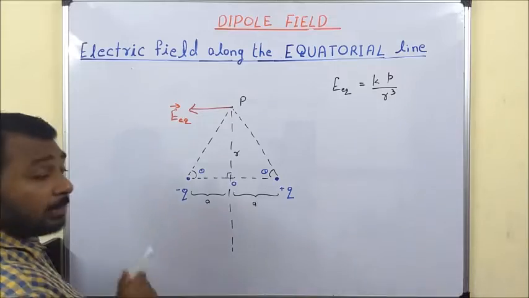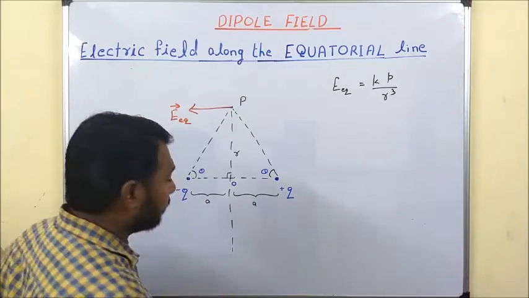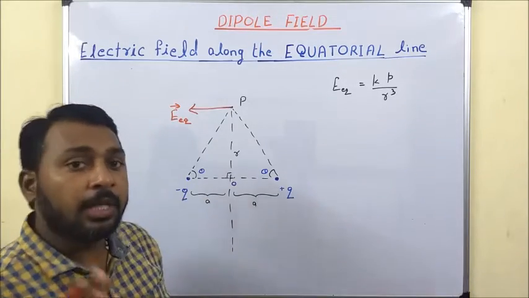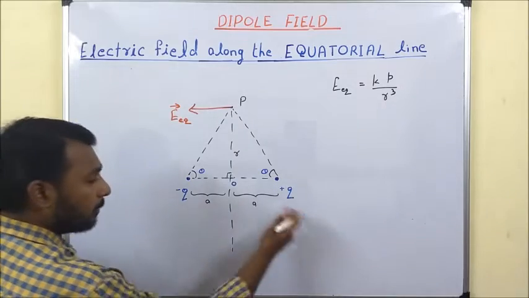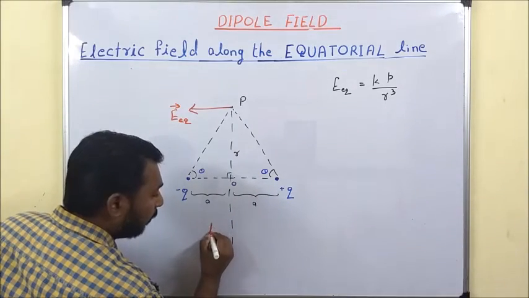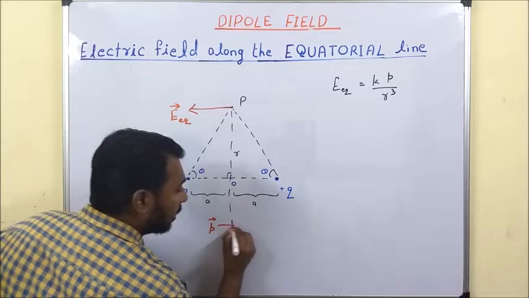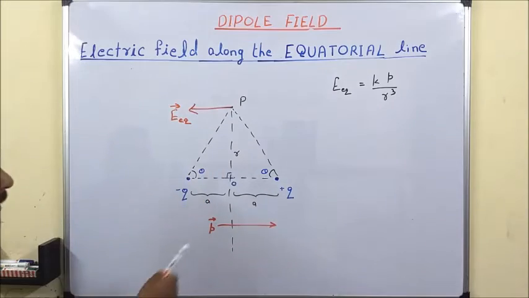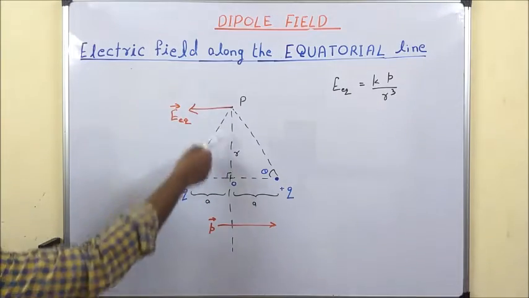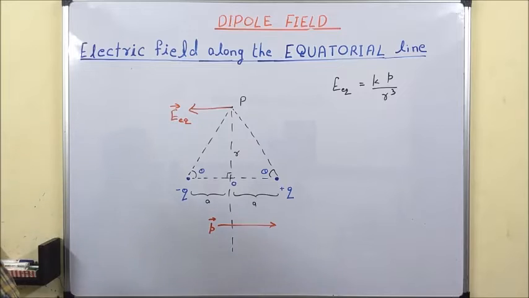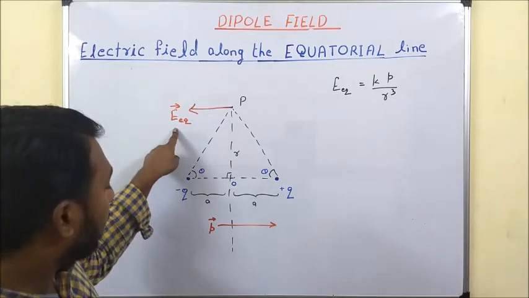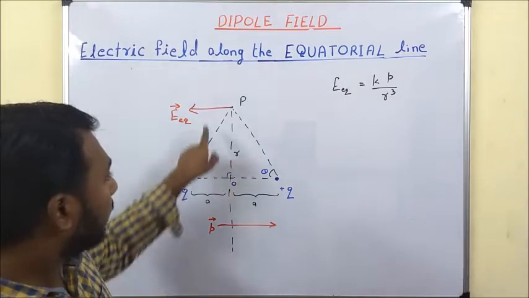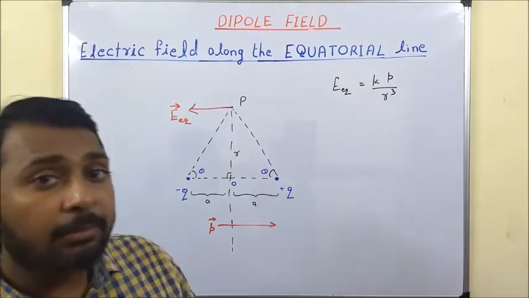Now, what will be the direction of the dipole moment? We know it is from negative to the positive. So here the dipole moment P, its direction is from negative to the positive. Now see both of them. It is clear that E equatorial and dipole moment P are anti-parallel.